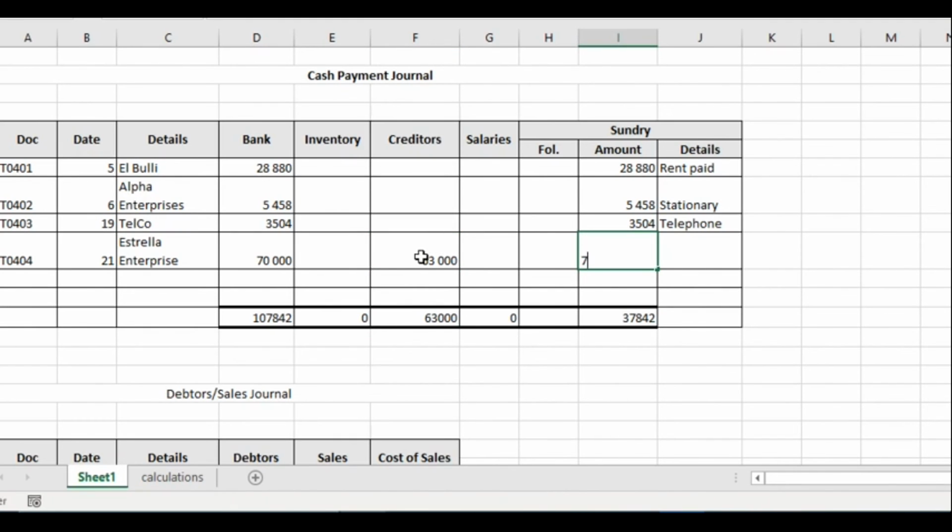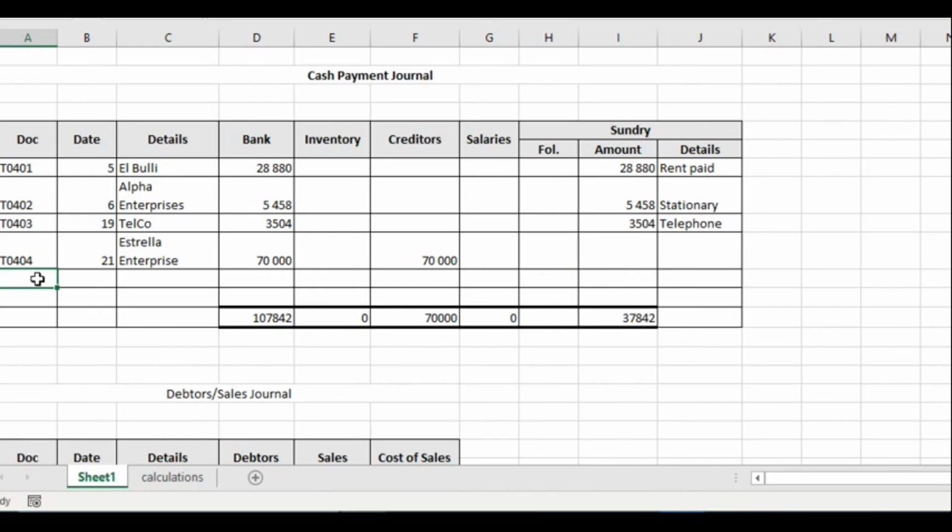But then in our sundries account, you're going to make the 7,000, which is a 10% discount, and say discount received, because we received it. But this would only be if we had a discount, but because we did not have a discount, we're paying the full amount. Okay, now back to day 22.